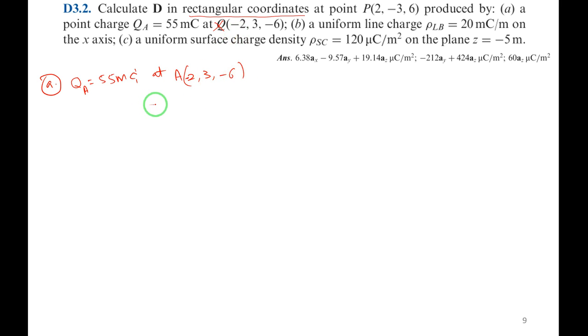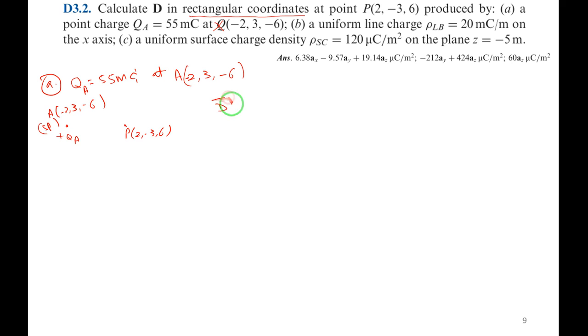So the point charge plus QA is here. Then another point P is here at 2, minus 3, 6, and here A at minus 2, 3, minus 6. This is the source point, and the field point is lying here, but what is asked is the electric flux density at this point P.